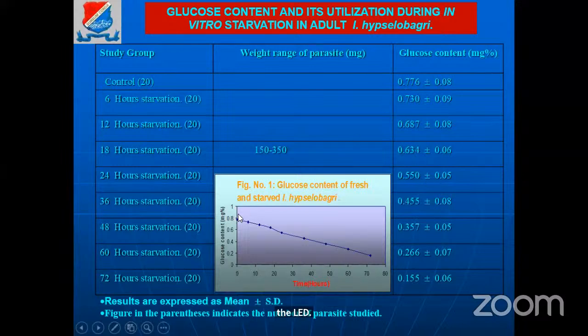That means glucose is being degraded. The glucose content is gradually going down, and from this graphical representation we can find that in the control parasites, 0.776 milligram percentage glucose is reduced to 0.155 milligram percentage within the 72 hour period, with much more degradation after 24 hours. So they are utilizing glucose for their energy purposes, that means for their living purposes.